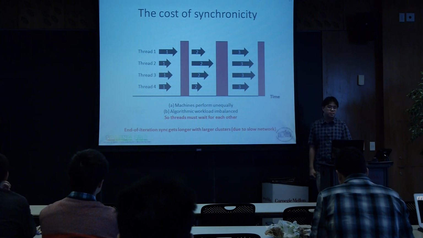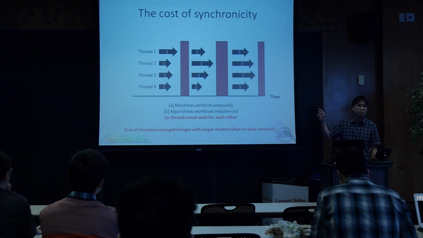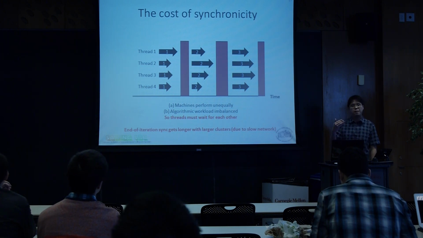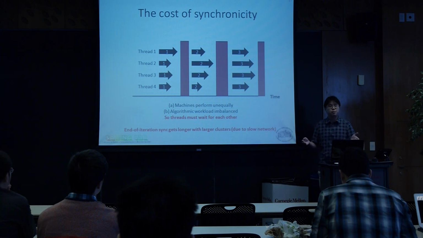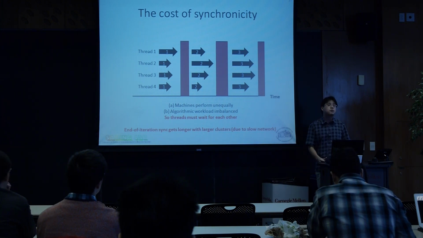The other problem with this is that at the end of iteration synchronization, the red bar actually gets wider and wider with larger clusters because the amount of network bandwidth does not keep up with the growth in number of machines. So if you go from like 10 machines on a single switch to 100 machines spread over multiple switches, the amount of bandwidth between the furthest machines is going to drop, and the latency is going to increase.